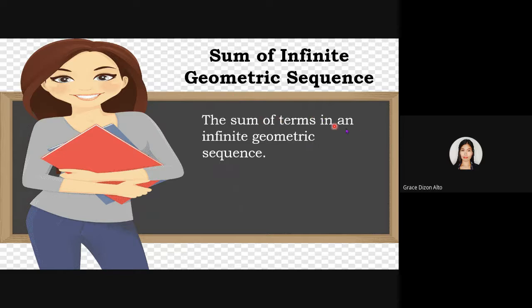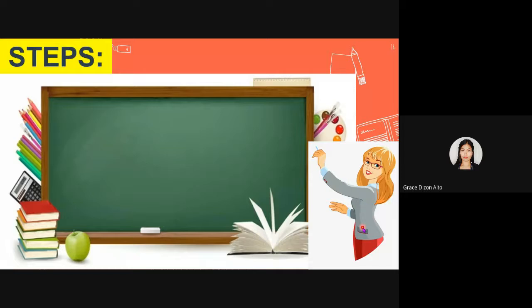So it is the sum of the terms in an infinite geometric sequence. Since it is infinite, it has no definite last term. So our friendly calculator will help us solve and go through the solutions of our problems. Now let's have the steps.